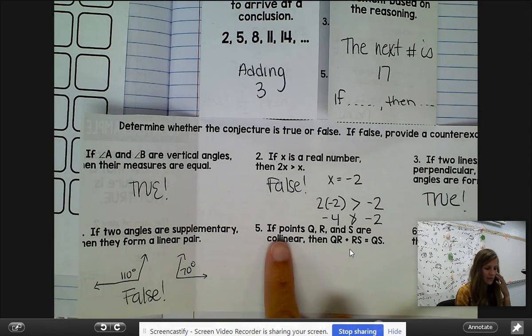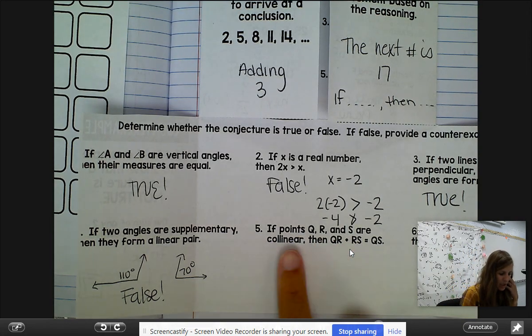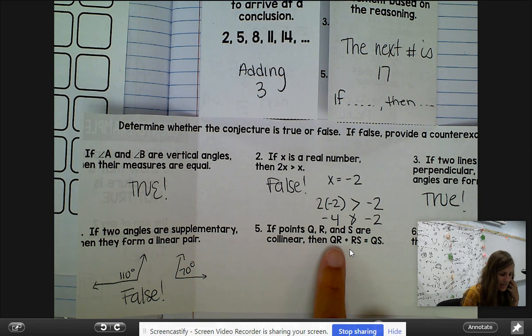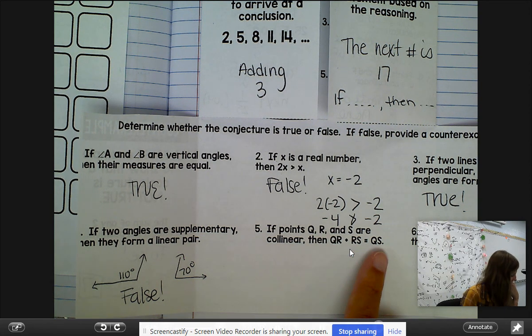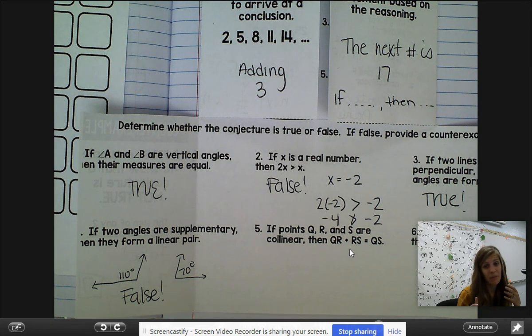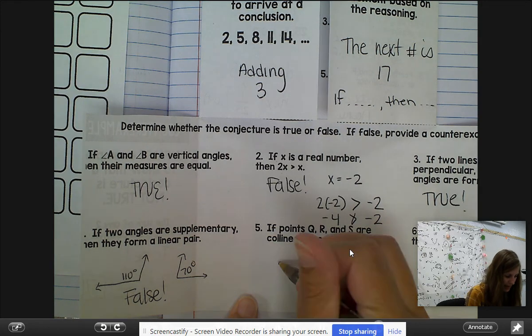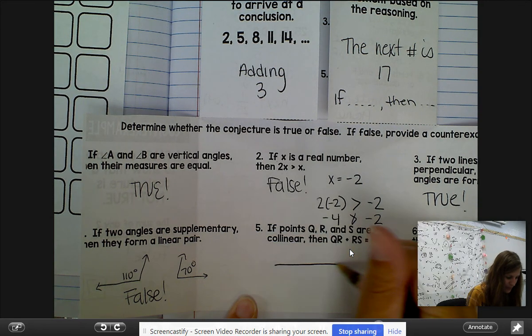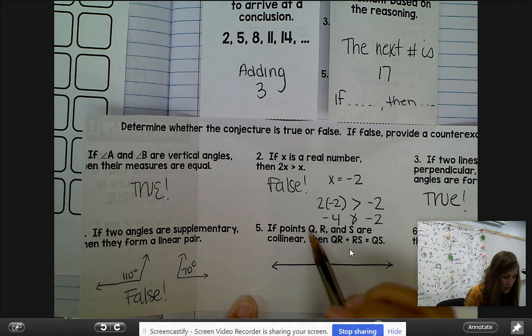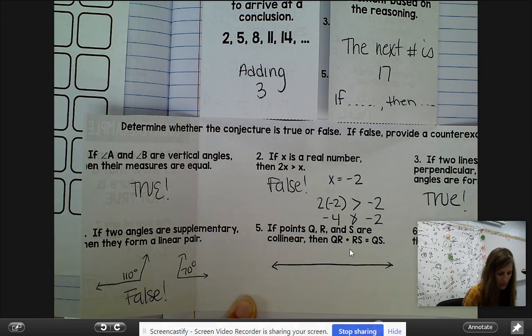Alrighty, number 5, if points Q, R, and S are collinear, then QR plus RS equals QS. It seems like that might be true, but I don't know for sure what order these points are in on that line. So if they go QRS, then that statement would be true.